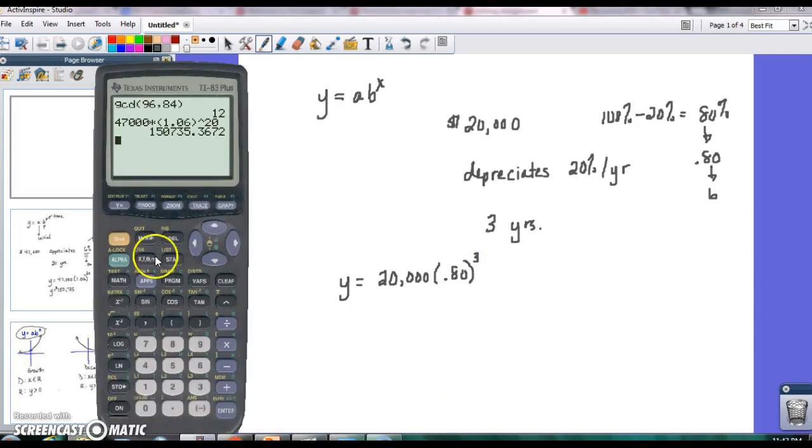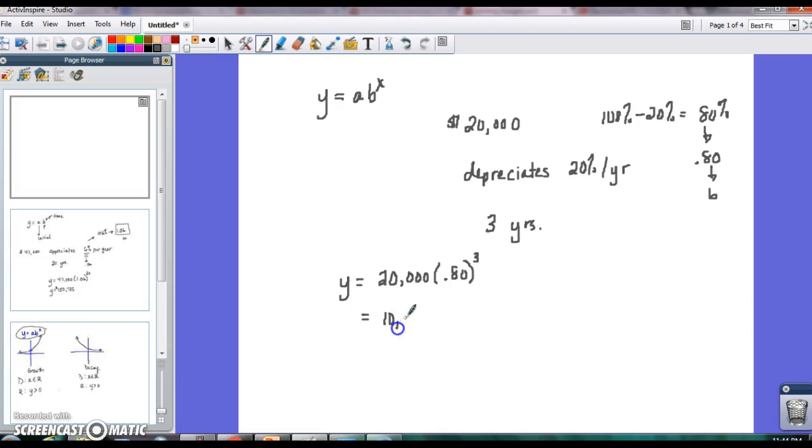If I were to go ahead and plug that into my calculator, 20,000 times 0.80. You don't have to put the 0 in, but some people like to put it in exactly as it's written. Raised to the 3rd power. So after 3 years, my car is only worth $10,240. Okay, so that's the idea behind exponential growth, exponential decay.